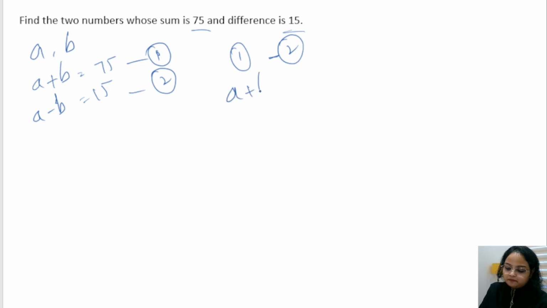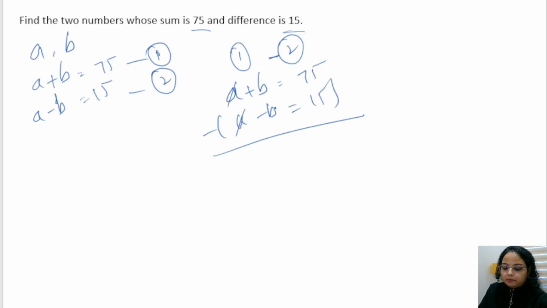I am subtracting. It is A plus B is equal to 75 minus of A minus B is equal to 15. Here A and minus A will be cancelled. B minus of minus B is plus B. B plus B, it is 2B is equal to 75 minus 15. It is 60. So B is equal to what? 60 by 2.